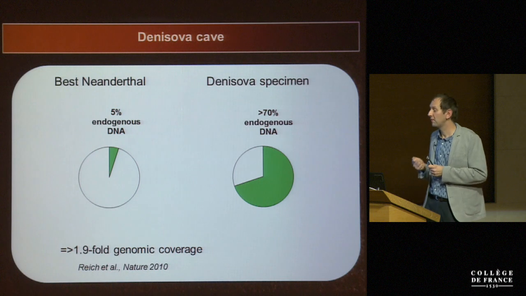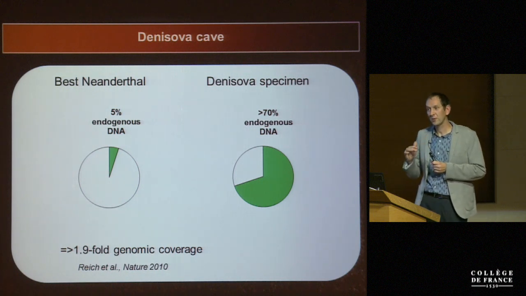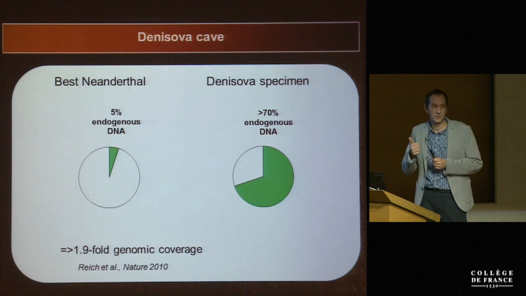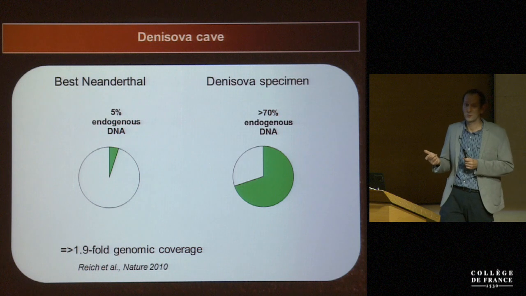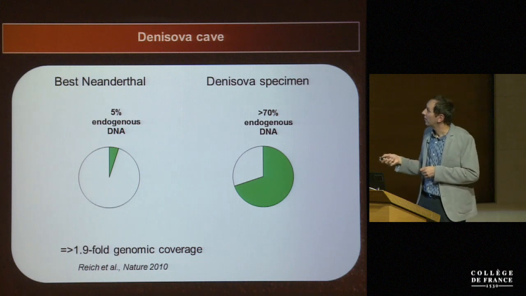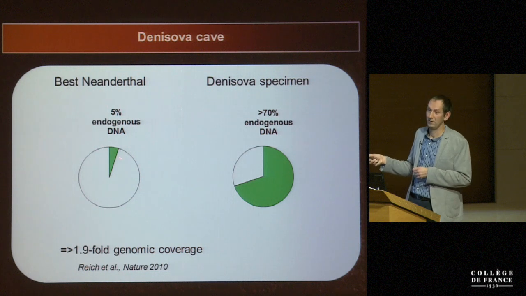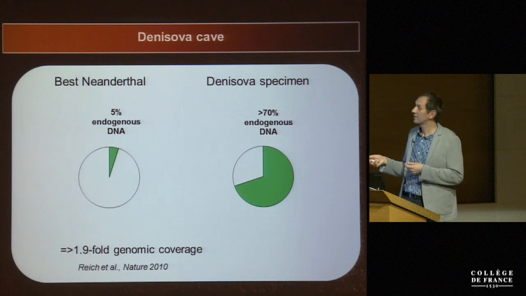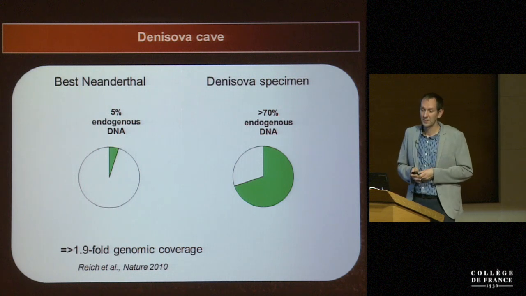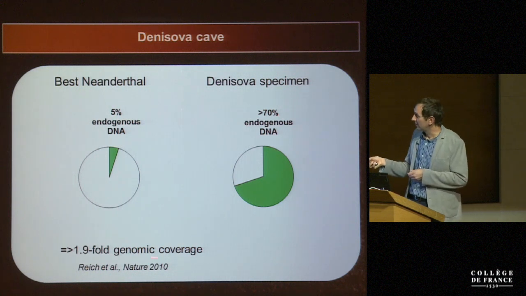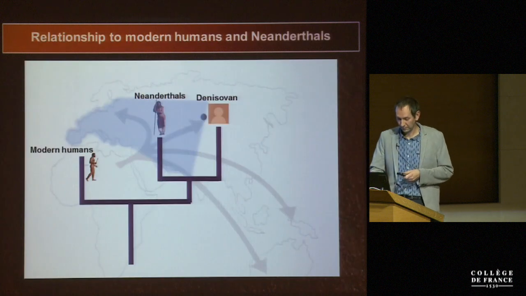And this is usually the vast majority. So for most of the specimens we're working with, only about 1% of the DNA comes from the actual specimen, and the rest is microbial contamination. In the best Neanderthal we've identified in many years, it was 5%. And that was a big success. In this individual, it was 70%, almost pure. And so it was very easy then to generate a genome sequence from it.